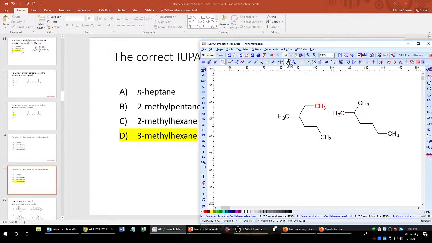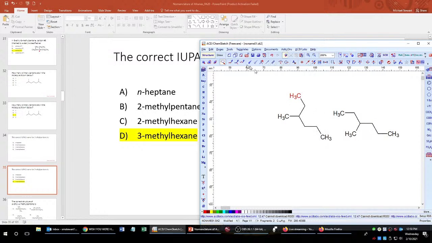So if we do 3-methylhexane, you may say, well, these don't look the same, but let's say I rotate that. There's your hexane.